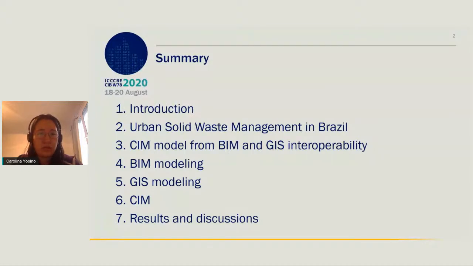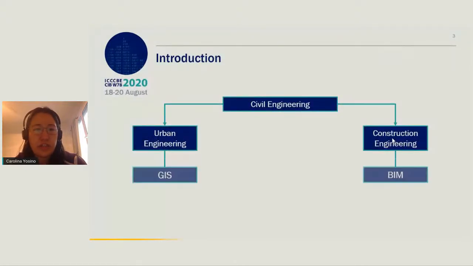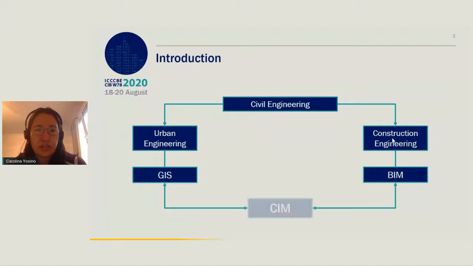There are two main macro areas in civil engineering, constructive and urban engineering. They have specific technologies, BIM and GIS. This research uses CIM to join these two macro areas to analyze urban solid waste management here in Brazil.